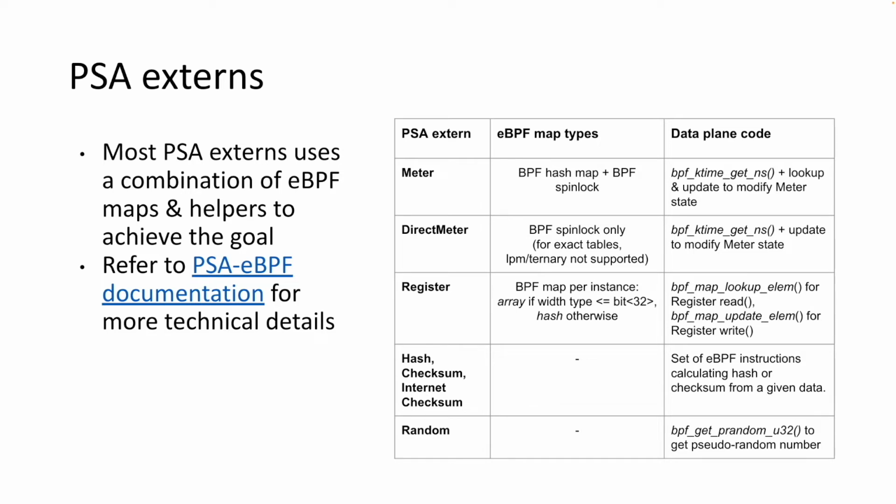There are other externs like hash, checksum and internet checksum that do not require any additional BPF map. The PSA eBPF compiler generates the set of eBPF instructions to calculate hash or checksum values from a given data. Finally, the random extern uses a BPF helper that returns a pseudo-random number.